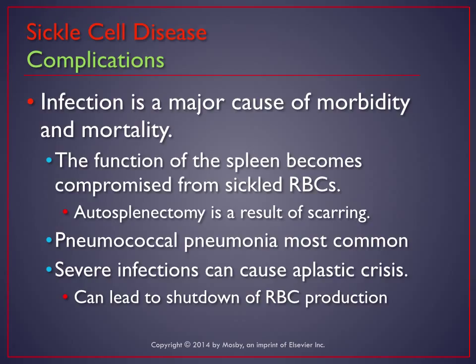Complications: infection is a major cause of morbidity and mortality. The function of the spleen becomes compromised from sickle RBCs. Pneumococcal pneumonia is most common, and severe infections can cause aplastic crisis, which can eventually lead to shutdown of RBC production altogether.